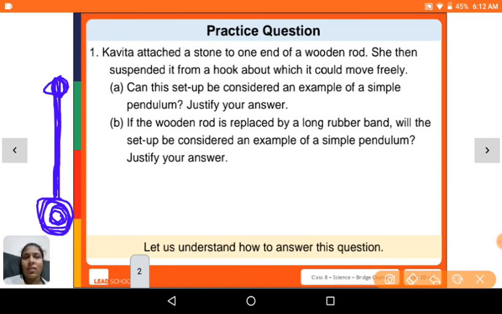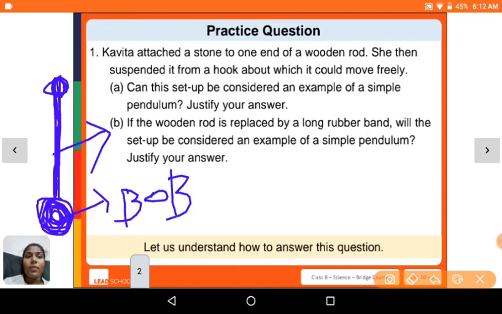Yes, we can consider it a simple pendulum, because the stone will work as a bob. This wooden rod will be considered as a non-extensible thread that will not extend itself or stretch, and then it is hung on a hook, so the hook will allow this pendulum to move freely from its extreme position to the mean position. So we can use this as an example of a simple pendulum, right?